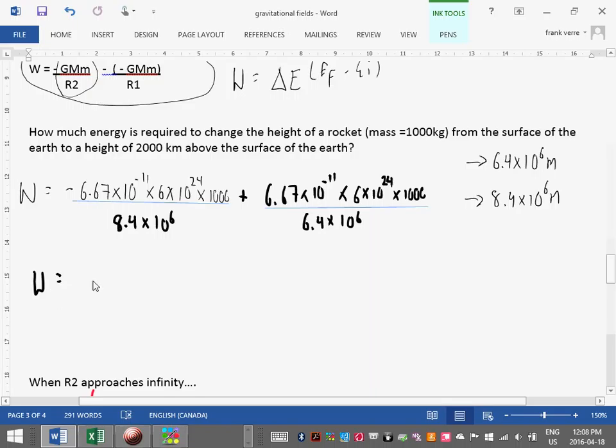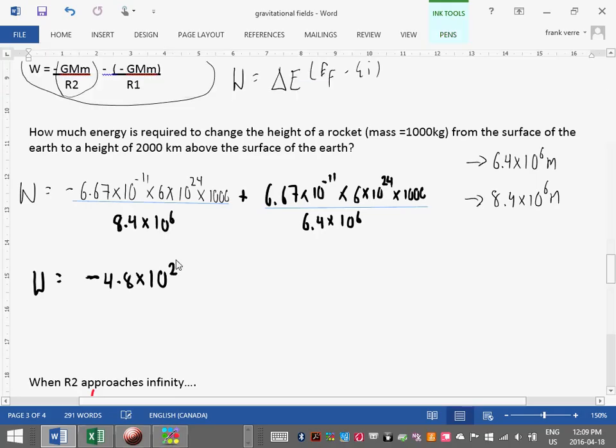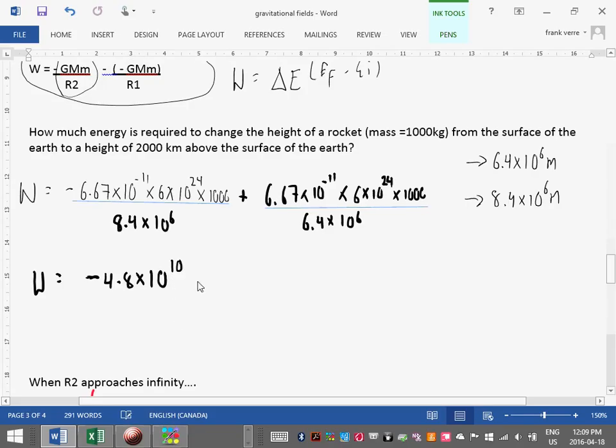All right. What's the first one? What's this? Negative what? Times 10 to the 22? Are you sure? Yeah, I thought negative 4.5 times 10 to the 10. Yeah, that makes more sense. Times 10 to the 10, right? Okay.